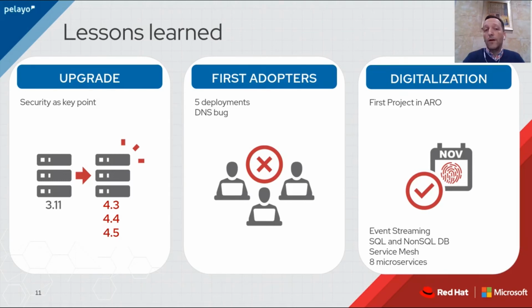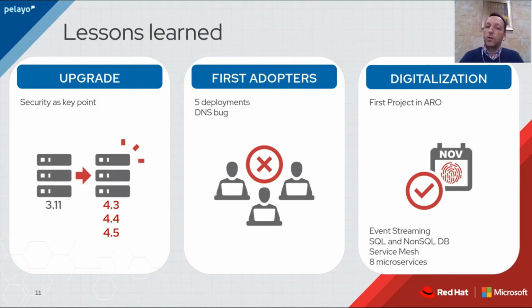Now we have one big project in production. This is digitalization, and what we do here is to digitally sign all the documents related to a new contract with our customer. This project was done 100% in Aero. It's reactive. The micros are asynchronous.